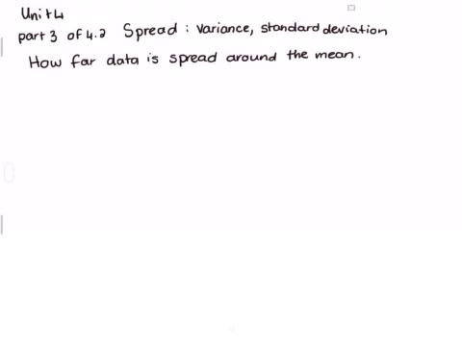Okay, let's look at an example. How tall is each person in a family? And I'm going to do it using a sketch. And we're going to have baby here.